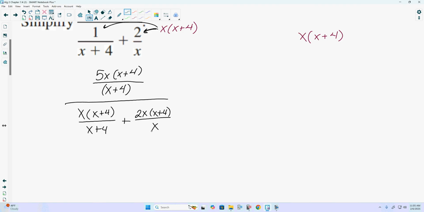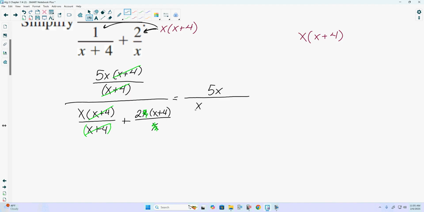Okay, let's look at the top. Top fraction. Is there anything in common on top and bottom? So those are gone. Let's look at the bottom fractions. Well, here the x plus 4 and x plus 4 are in common. Here, the x and x. So let's see what's left. On top we have 5x.